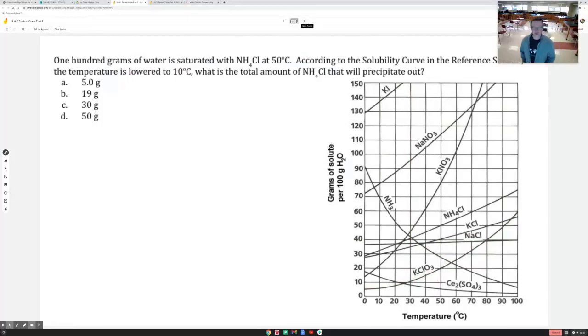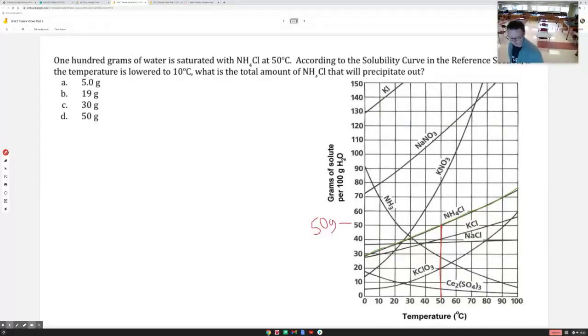Okay, a similar question, but a slightly different look at it. We've got NH4Cl, ammonium chloride, so that's this line. I'll try to trace it as best I can. That green line is the one we're looking at, and it says we start at 50 degrees with a saturated solution. So that's right here: 50 degrees touches the line at 50 grams.